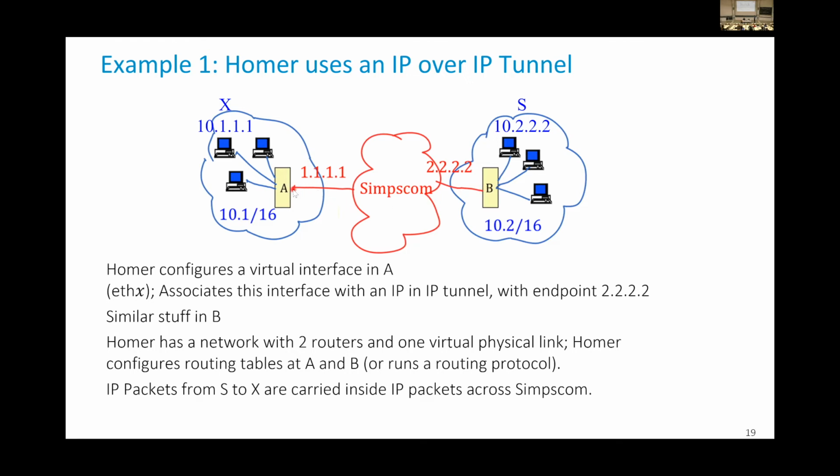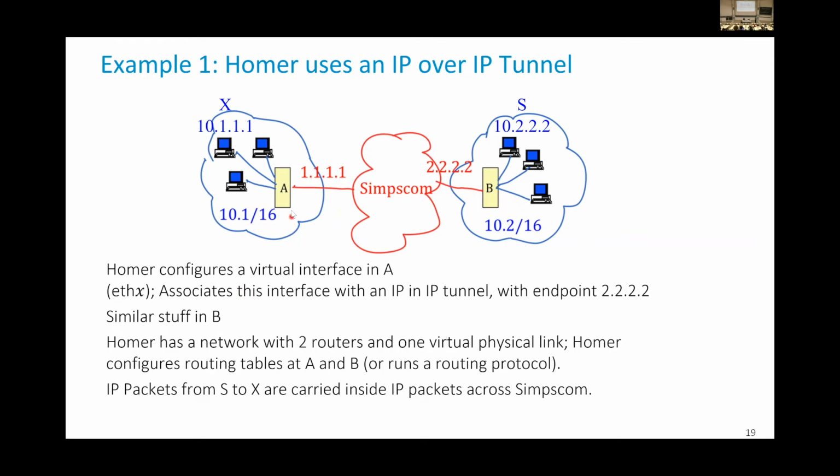For example, the simplest of all approaches would be to take a router here and, using IP routes and things that we've done in some of the labs, configure here a virtual interface in A that is associated with the IP address of B. Here it's a simple case because we have only 2 routers.